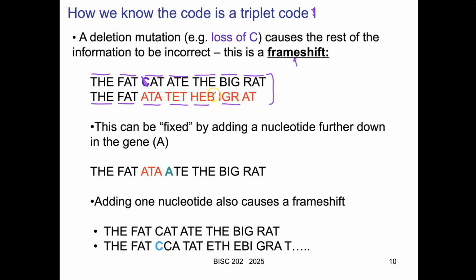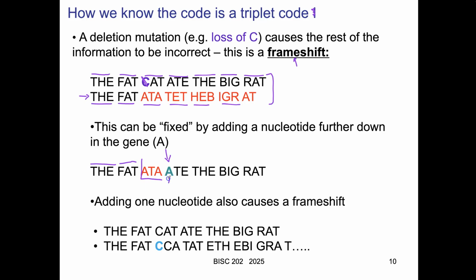And it turns out that interestingly, if you have this mutant DNA, if there is an insertion mutation further on, you can kind of restore it. So the codons before where the deletion occurred make sense, and then there's some nonsense after the deletion.